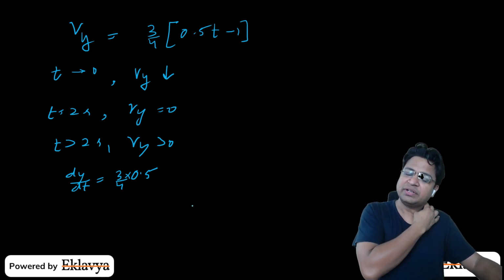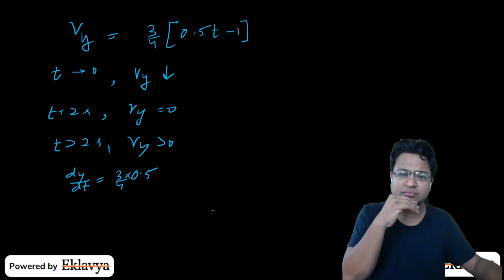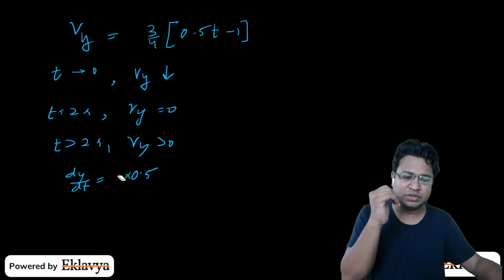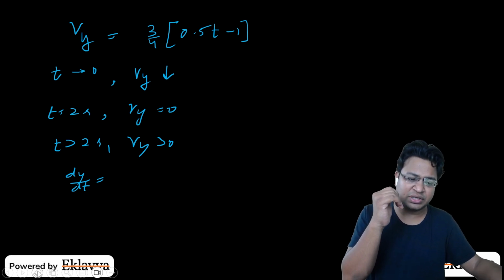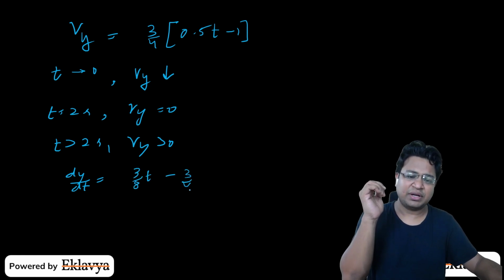Yeah, we were looking for the derivative, right? So dy by dt is 3 by 8 t minus 3 by 4. And now we'll bring dt on the other side and then we will integrate.